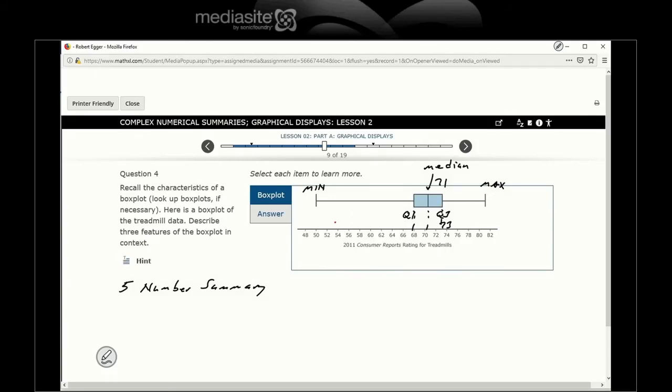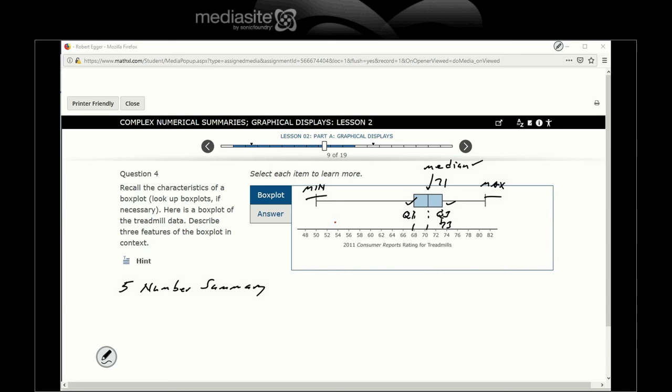So 3 features. The box plot describes the minimum value, the maximum, of course the median, the cutoff for your first quartile, and the cutoff for your third quartile.